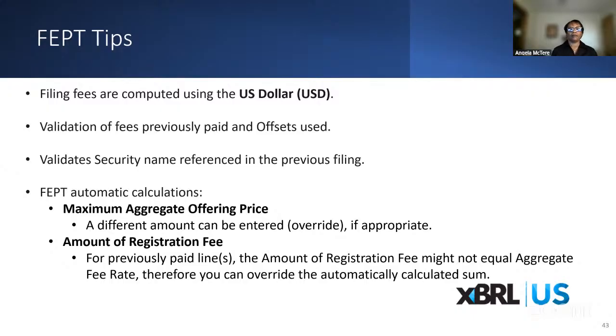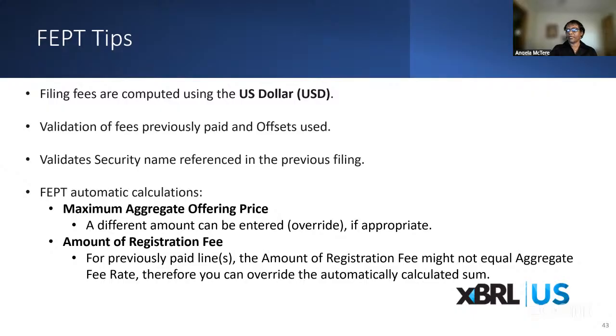The FEPT automatically calculates, as Nikki also mentioned, the aggregate offering price and the amount of the registration fees. Now, there are certain circumstances where you may need to go in and override that information.